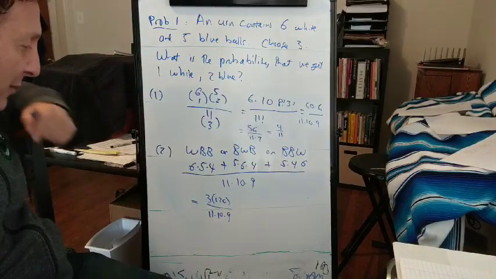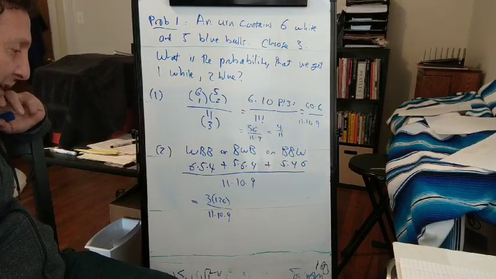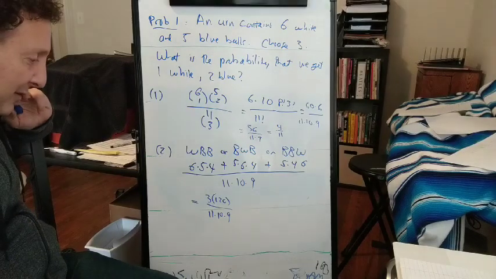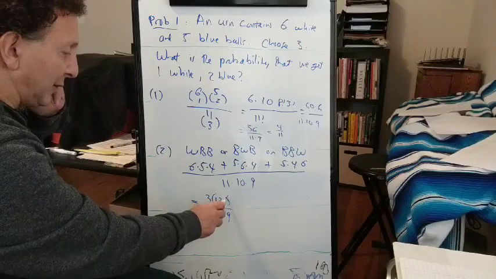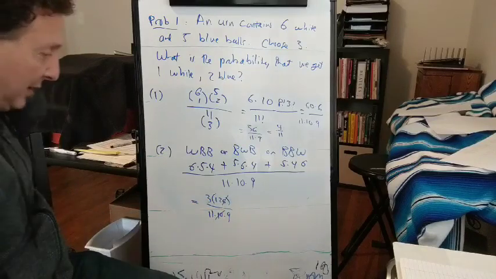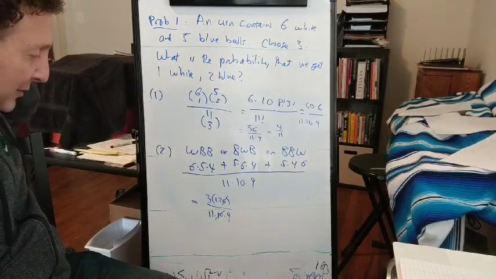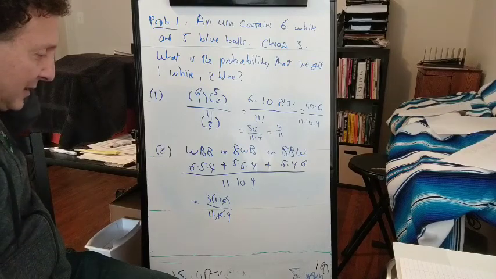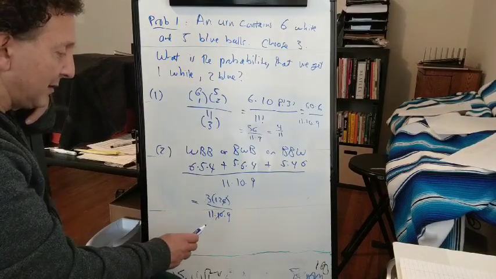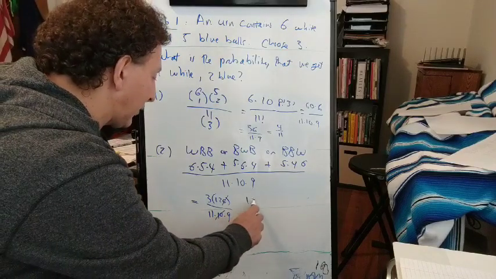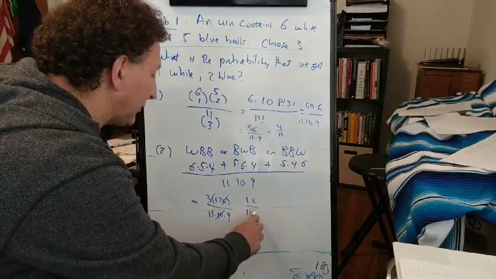Alright, down here, 3 times 120 divided by 11 times 10 times 9. Well, we can cancel a 0 here and cancel the 10. So 3 times 12 over 11 times 9. Cancel the 3 from the 9, and we get 12 over 11 times 3.